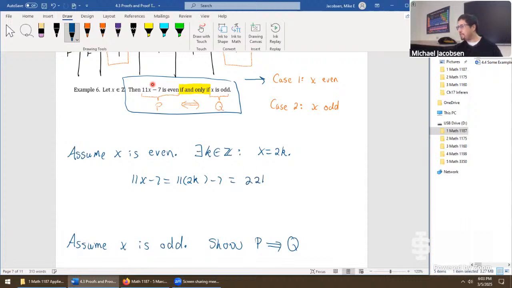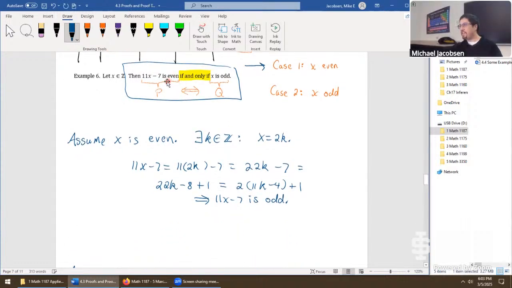Now we have 22K minus 7, which is starting to sound almost like deja vu, right? 22K minus 8 plus 1, which would result in 2 times (11K minus 4) plus 1. And this would then assert right at that step, 11X minus 7 is odd.